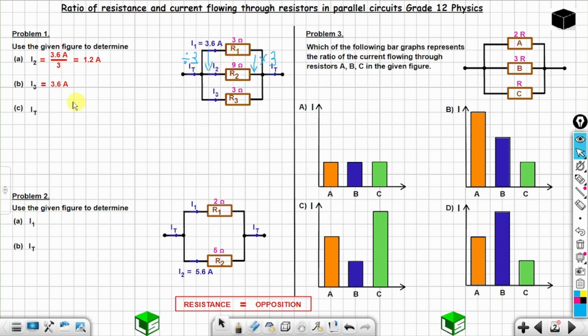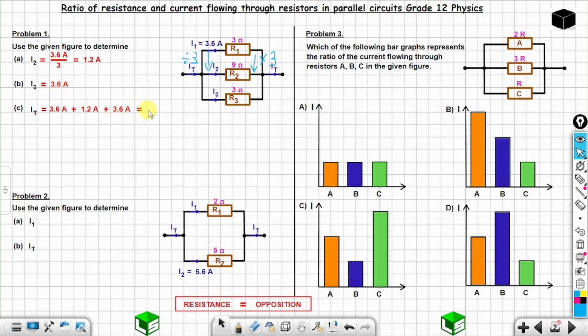So IT, the total current, is equal to I1 plus I2 plus I3. I1 is equal to 3.6, plus I2, which is equal to 1.2, plus I3, which is equal to 3.6.